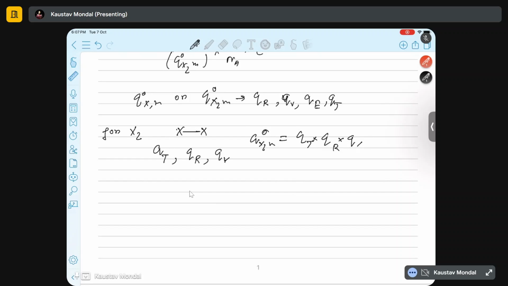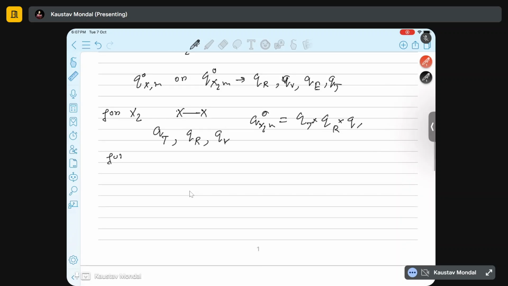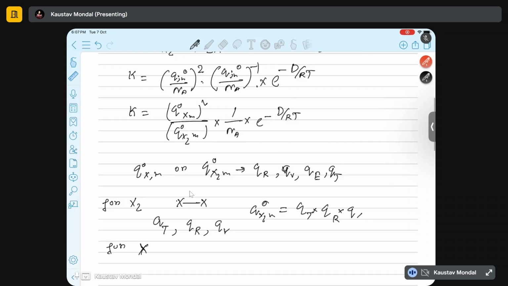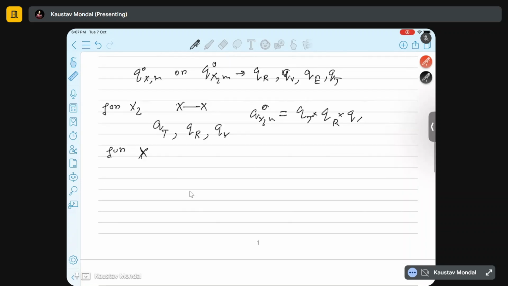Similarly, X is just a monoatomic gas or element. For that, the only contribution comes from the translational partition function, so qXm0 would be just qt.